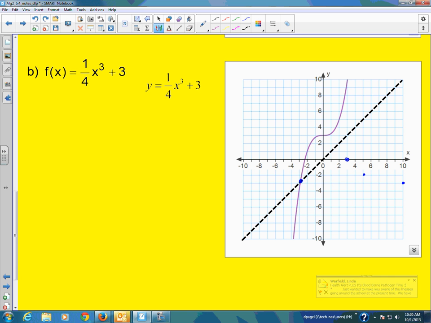All right. Any other helpful coordinates? It looks like maybe -2, 1. So let's go 1, -2.